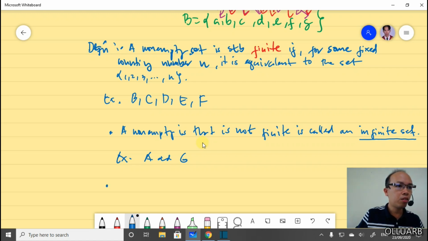Another definition that we are going to define here is the cardinality of a set. Okay, this is basically under the finite and infinite sets definition.